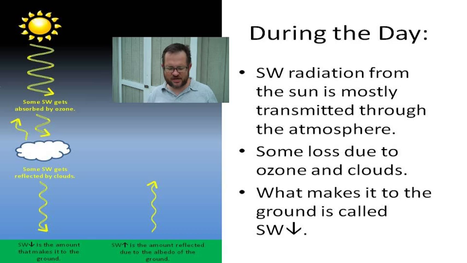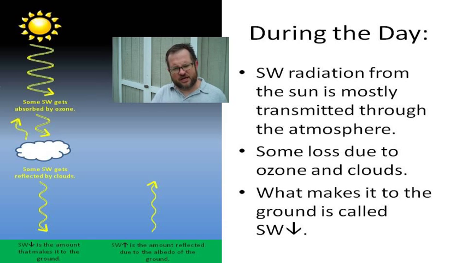Now, shortwave down obviously will only be non-zero during the day. At night, there's no shortwave reaching the ground. I mean, you could talk about moonlight or starlight, but good luck running your solar panels on moonlight and starlight, right? Good luck warming up the Earth's atmosphere using moonlight or starlight or whatever.